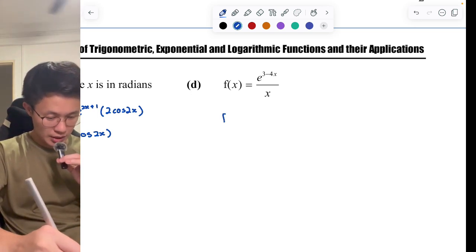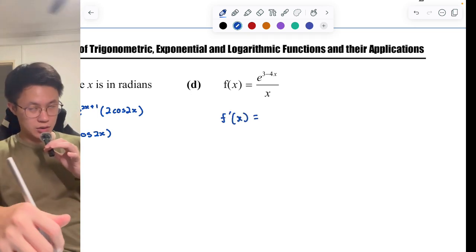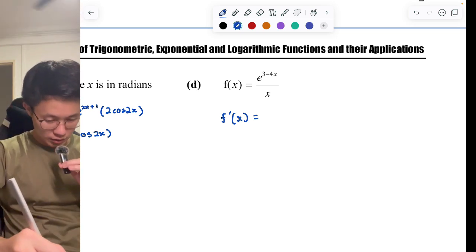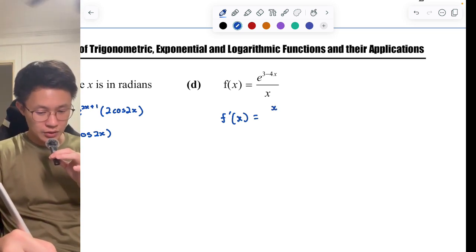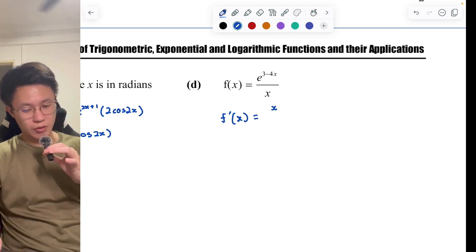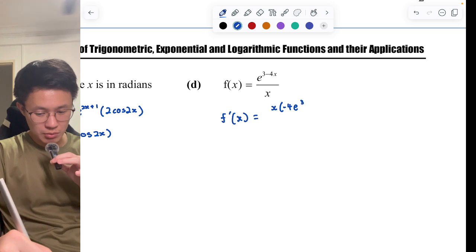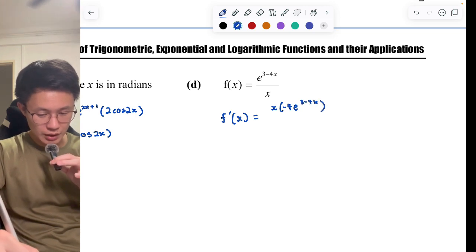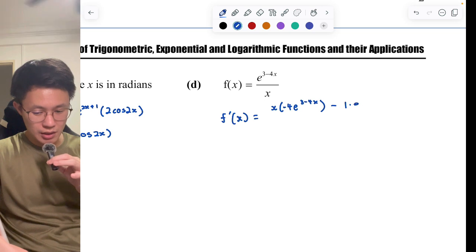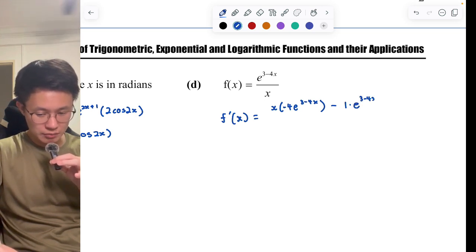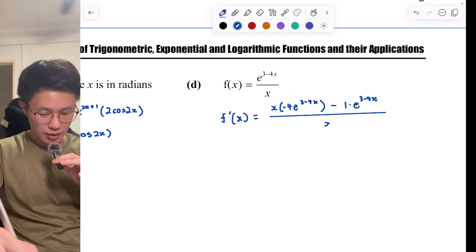Quotient rule over here says that f prime x is equal to x, the one in the denominator, and then you differentiate e to the power of 3 minus 4x. So that will give me negative 4 e to the power of 3 minus 4x minus, you differentiate x, which is just simply 1, times e to the power of 3 minus 4x. Hope I got it right. And this will be divided by x squared.